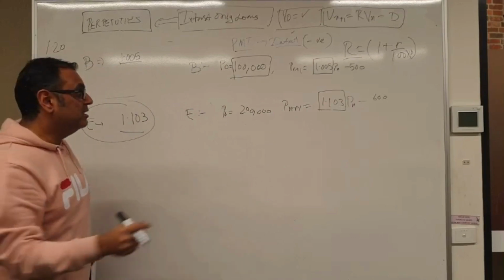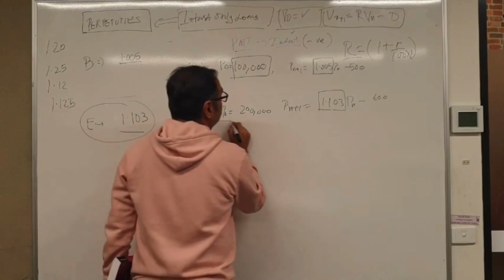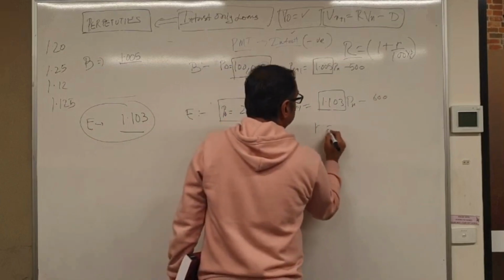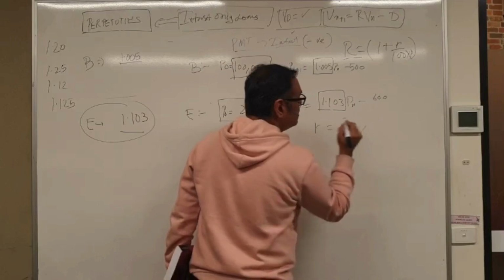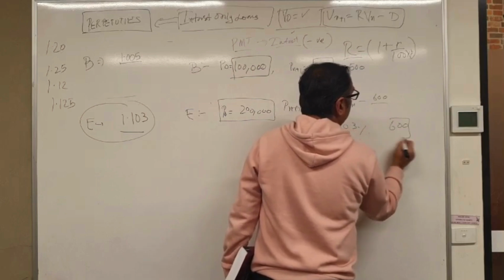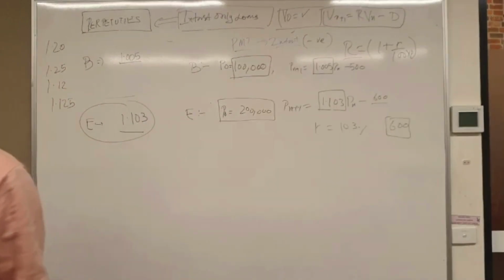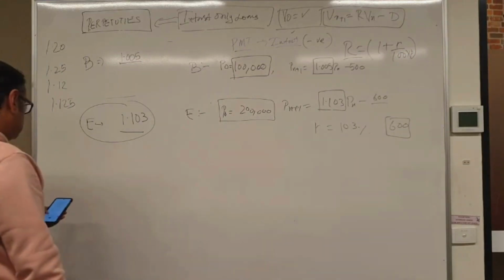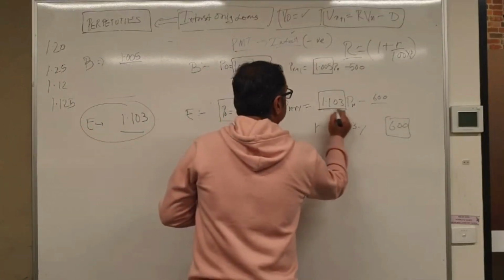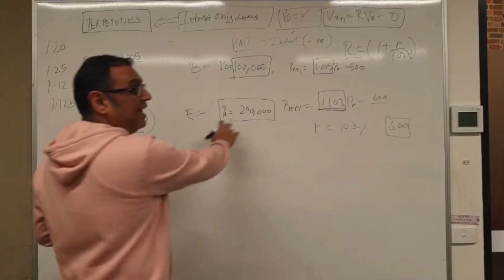10.3%. So what this is telling me is that if this guy has invested $200,000 at a rate of interest of 10.3%, he's paying $600 as interest. Did you get how I'm connecting the dots? So let's find the 10.3% of this value.